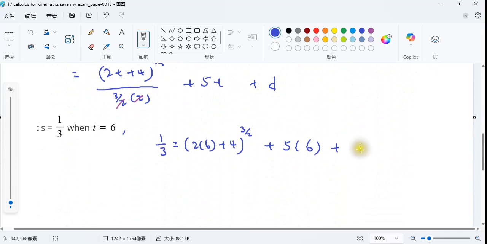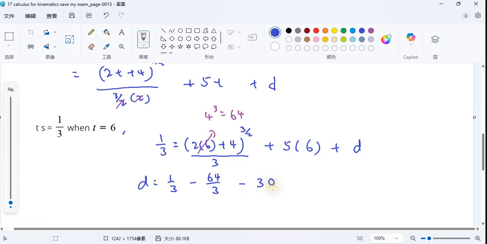This one we use D. So D will be 1/3 minus this one is 16. Square root of 16 is 4. Then 4 power 3 is 64 over 3 minus 30.